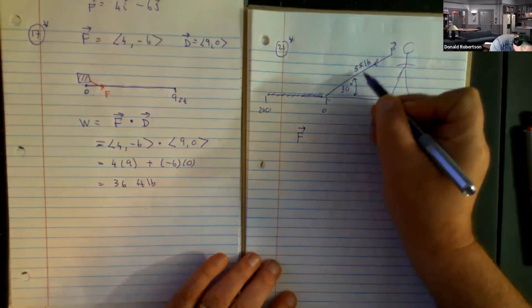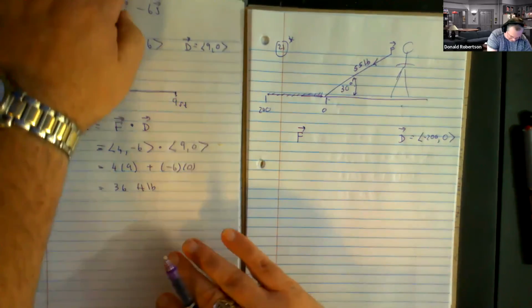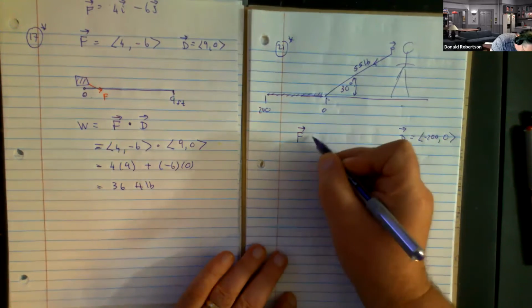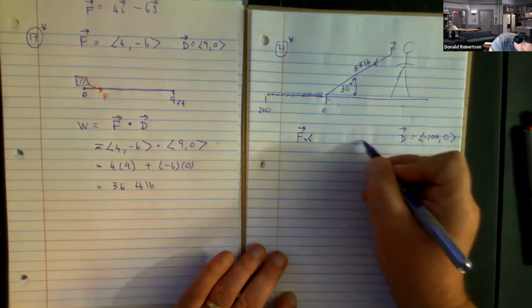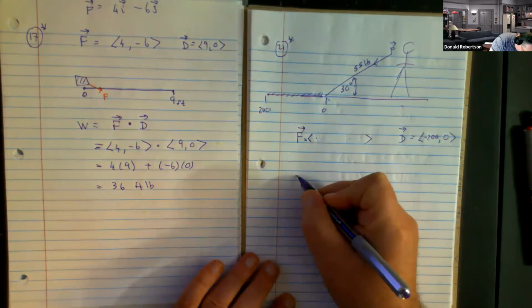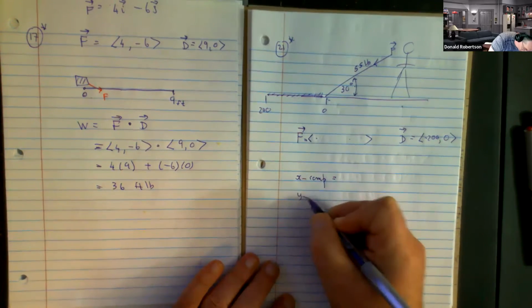Now, this fella here is a bit of an issue. And we did have I think almost a carbon copy of this one, didn't we? So I'm going to get the components, these 2 numbers. And I'm going to get them by finding the X component and the Y component.